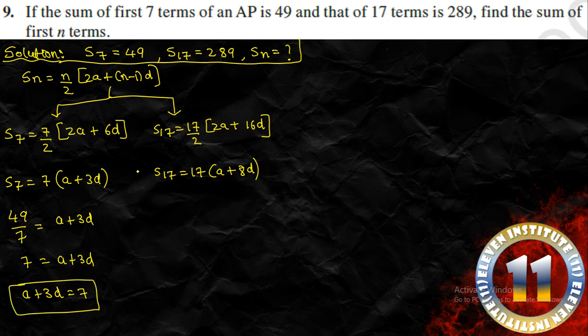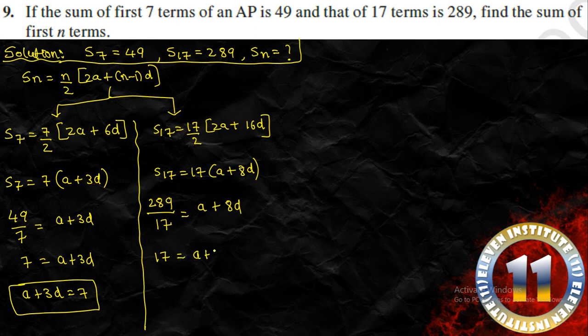Similarly, we will have something on the right side also over here. Instead of S17, I will write 289. That will be divided by 17. And on the opposite side, we have a plus 8d. 289 divided by 17 will give me 17 over here.